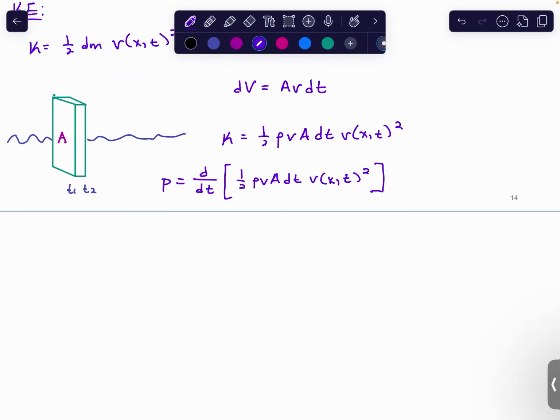Because this is where we tend to make mathematicians mad. Power is going to be 1/2 rho A times that solution to the velocity of the wave.